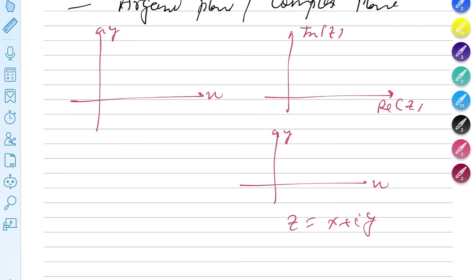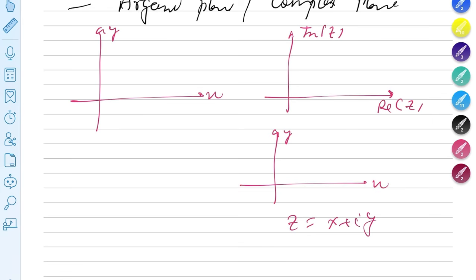So we can replace the real part by x and the imaginary part by y, but they are different. This is the Cartesian plane and this is the Argand plane, or the complex plane. They are exactly the same, only the method of writing is different. The sense and the meaning are the same.